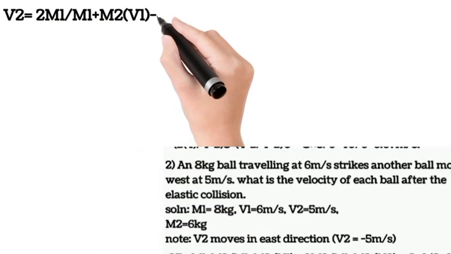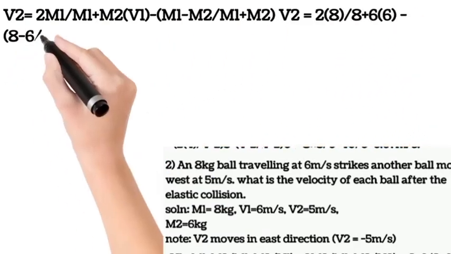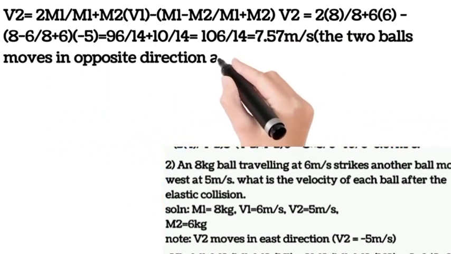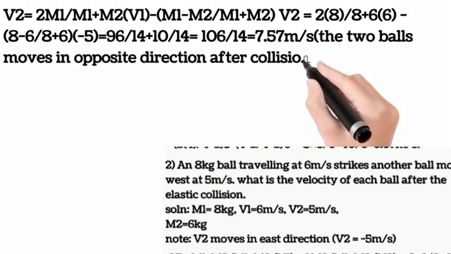The initial velocity was 0 at that point. After we are done with this, we are going to get 7.57 meters. The two balls move in opposite directions after collision because the first answer we got has a minus sign, and the second answer has a positive sign.